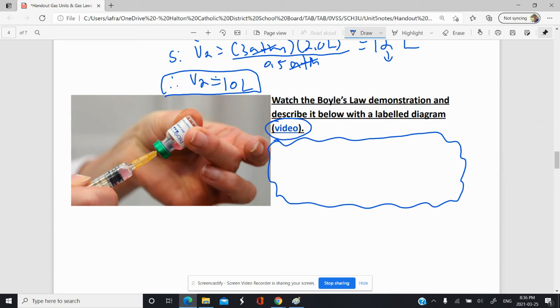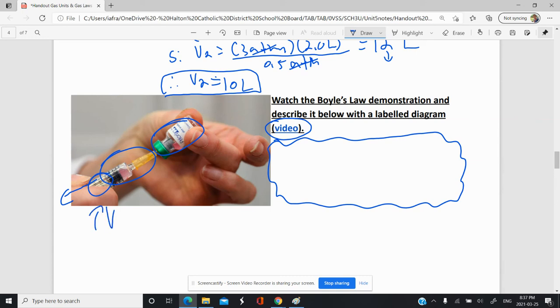One very interesting application of Boyle's law, a real-world application of Boyle's law, is using a syringe to, let's say, withdraw or suck up some fluid, for example, from this vaccine over here. So what you do is you basically pull back on the syringe like this, and that's going to increase the volume in the syringe.